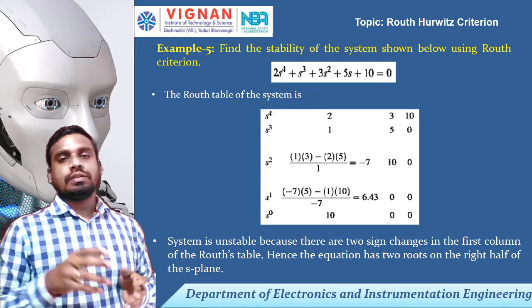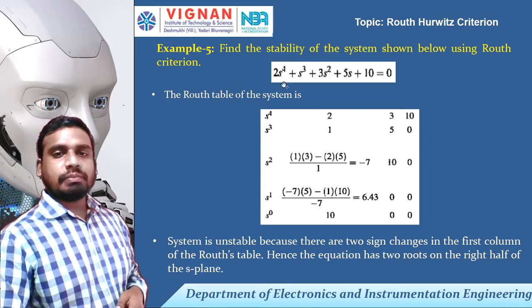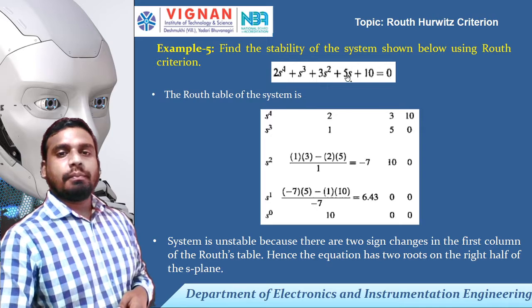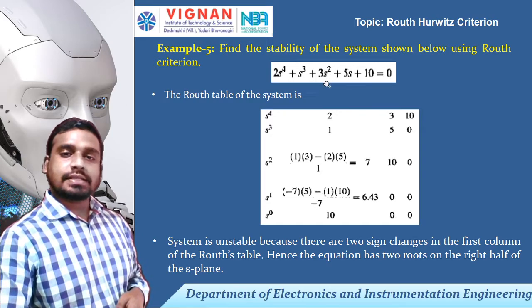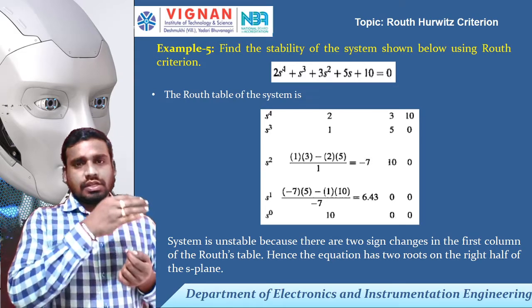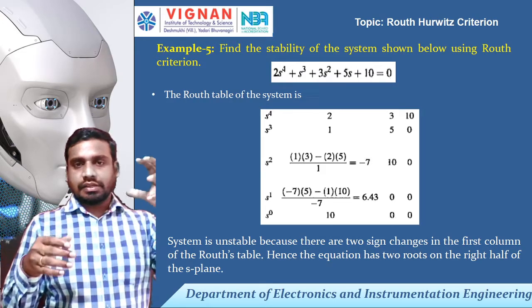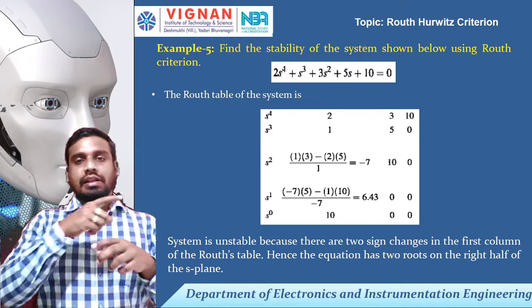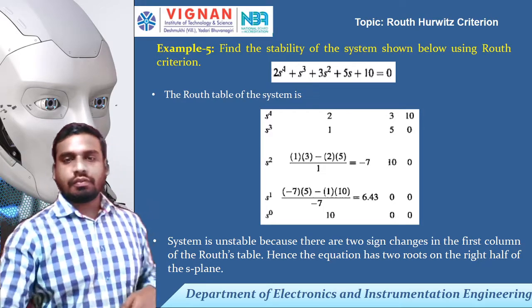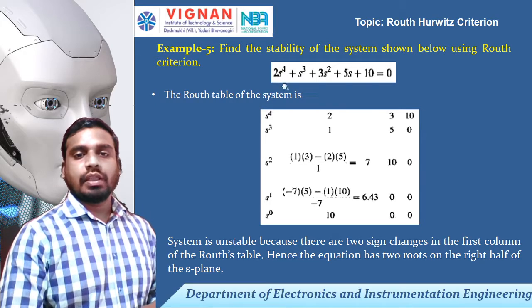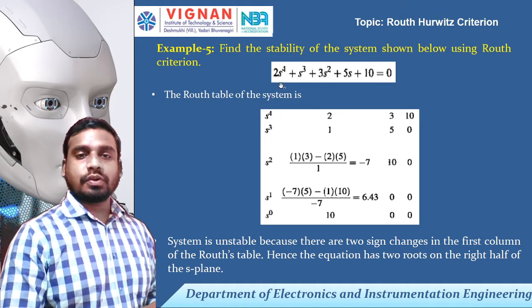What do you get here? 2 into 1 by x power 4, plus 1 by x cube, plus 3 into 1 by x square, and so on. Then the maximum power of s will go to the right side. See here, 1 by x power 4: the maximum order of x power 4 is here.